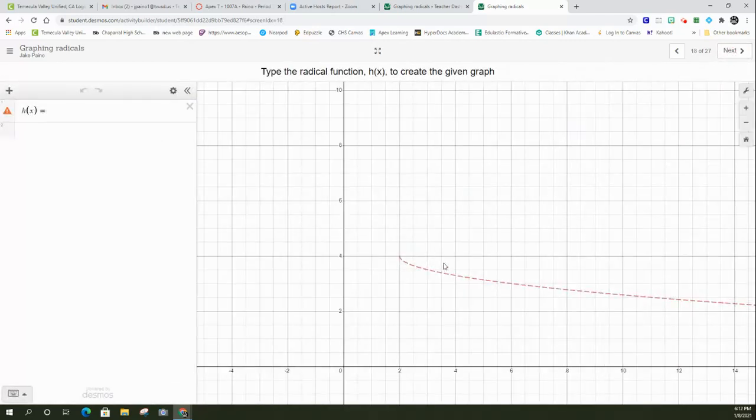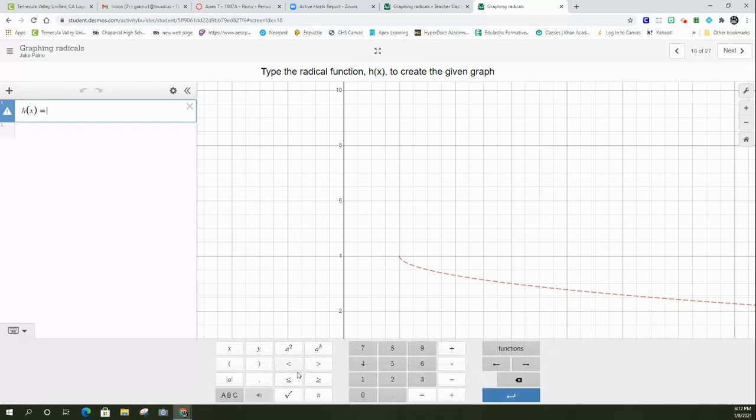All right, and again, another one, with (2, 4). If I type in the square root of x minus 2 plus 4, now it's going the wrong way. It's negative, but when I go over 1, how far did I go down?